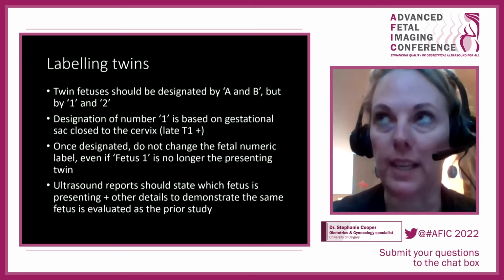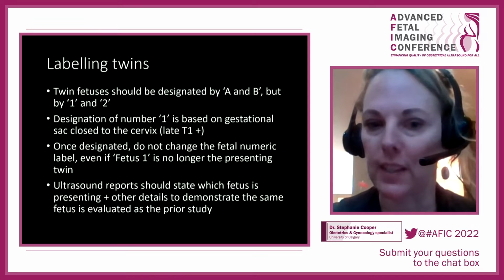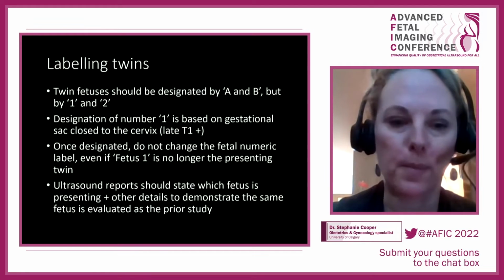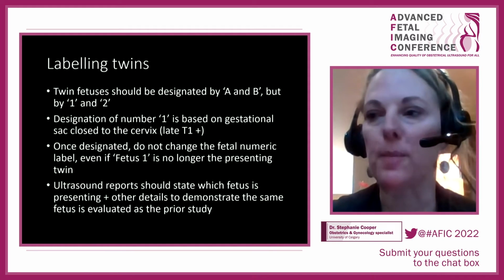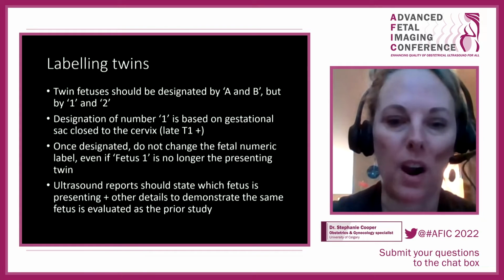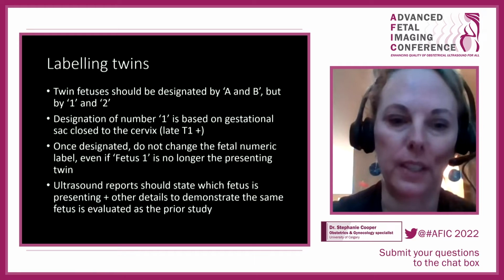And why that's important is, what if your fetus 1 is not growing as well as the other baby? Then you can't compare growth if you're mixing them up. The caveat is for monoamniotic twins, where that's very difficult, but again, that's not something you'll see very often.